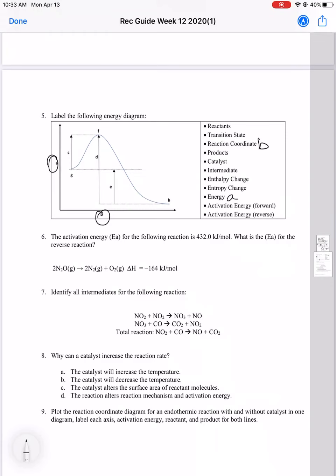C, so it looks like we have C and D are both some sort of activation energy. And one of those is going to be the activation energy in the forward direction, and the other one is going to be the activation energy in the reverse direction. So in the forward direction, remember the activation energy is the amount of energy to get from the reactants to the transition state.